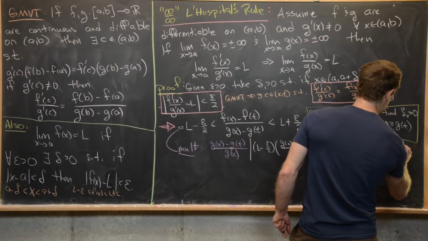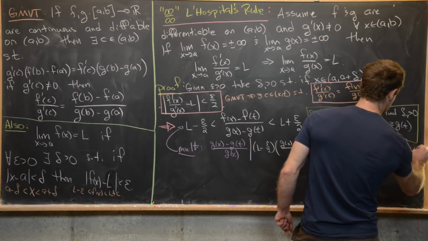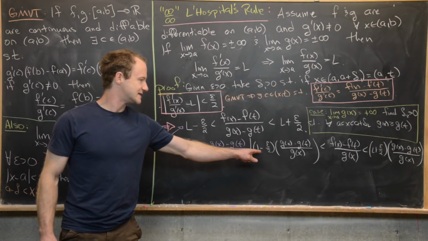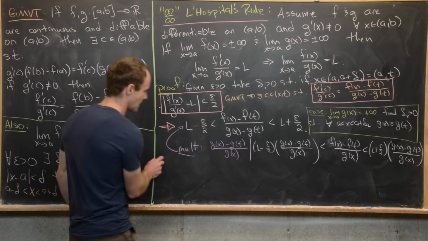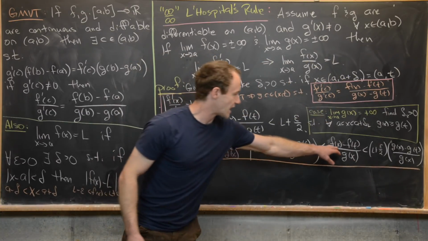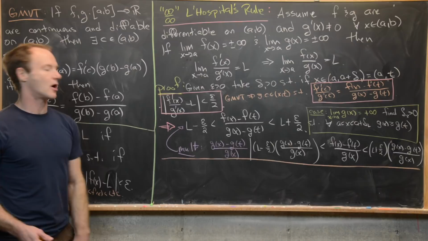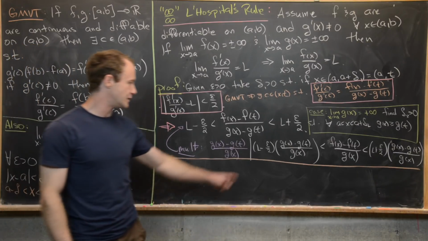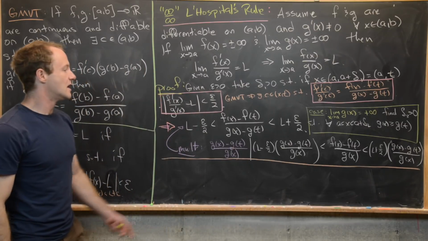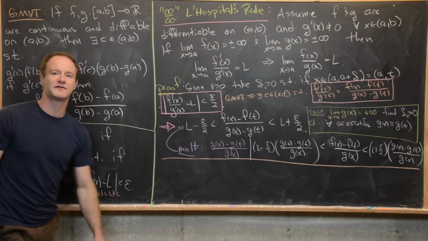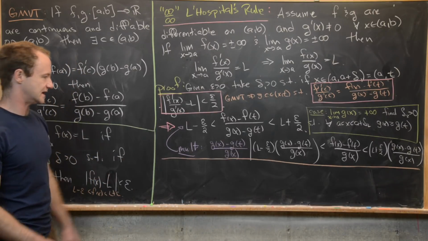So g of x minus g of t all over g of x. So now we want to go ahead and simplify this thing and move some stuff around so that all we are left with in the center part is f of x over g of x. So our first step in doing that will be to multiply out this side and this side. In other words, the extreme left and the extreme right of this inequality.